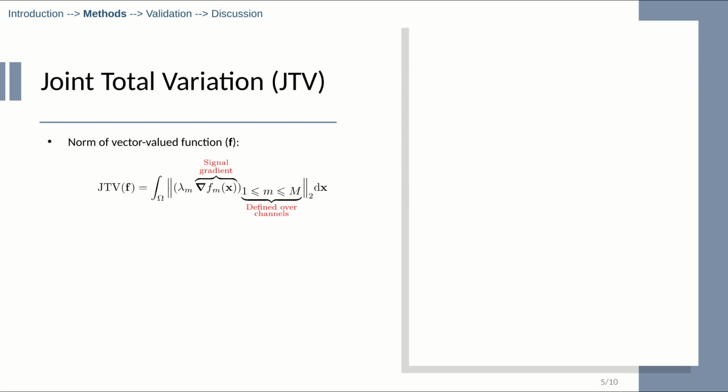So the joint total variation is what we use to perform our multimodal registration. It's shown here, and compared to its single channel counterpart, the norm is here taken across channels, where this is the gradient of the vector valued function f.